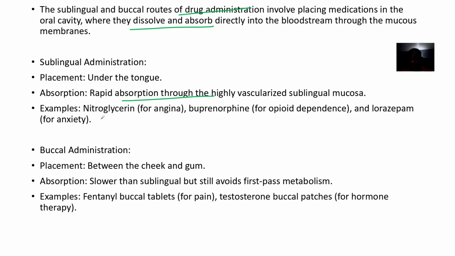Examples of drugs given sublingually are nitroglycerin, used in managing angina, then buprenorphine, for opioid dependence, then lorazepam, used for managing anxiety. These are examples of drugs you place on the tongue for delivery.